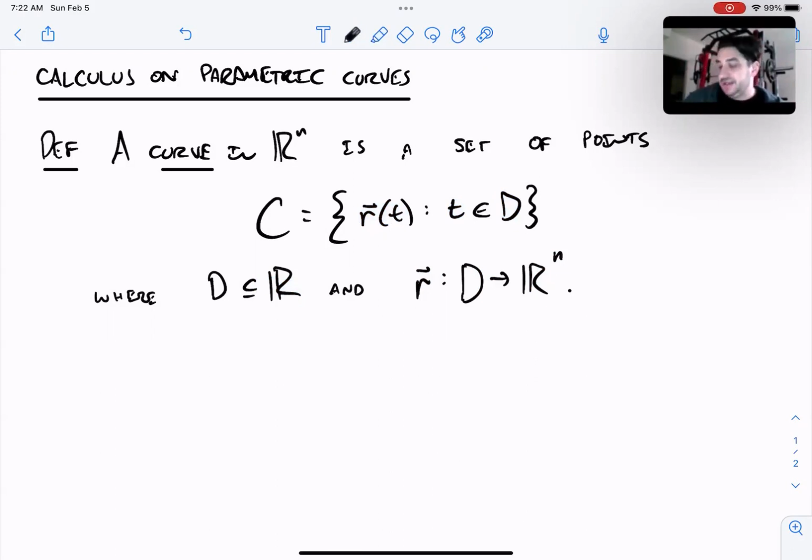And for all the fancy notation here, this is something that you've seen before, at least you've seen examples of this before. Probably the most famous parametric curve.